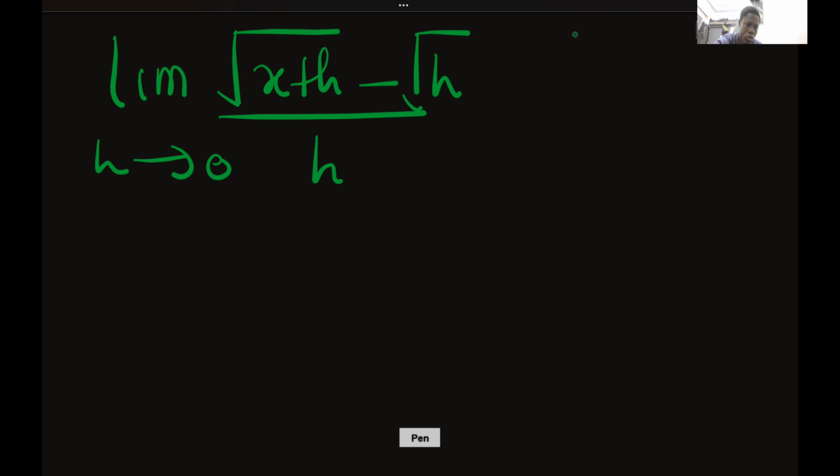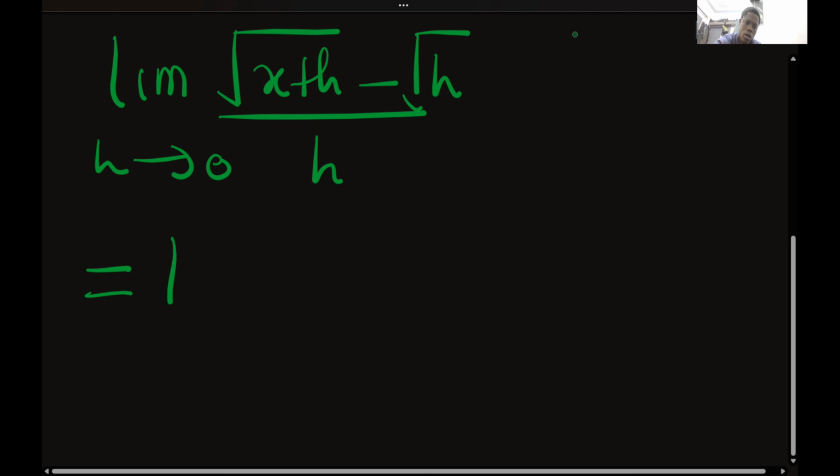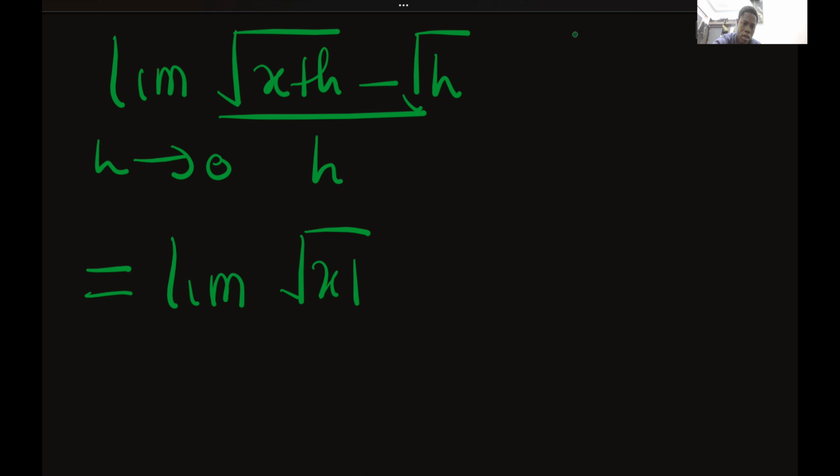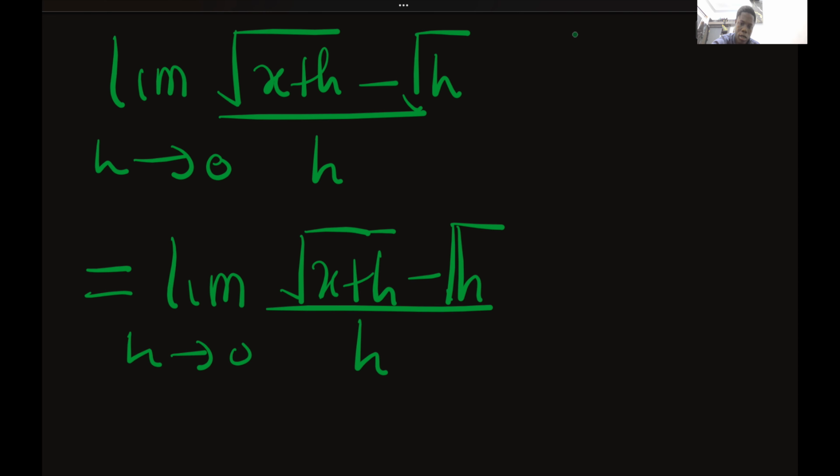So this becomes equal to the limit of square root of x plus h minus square root of h, all over h, as h approaches 0, and this will multiply the conjugate form of the numerator.